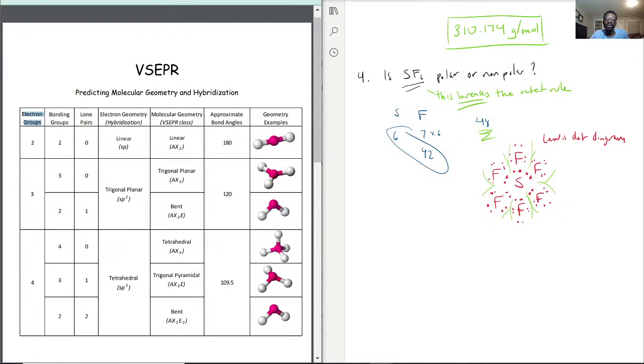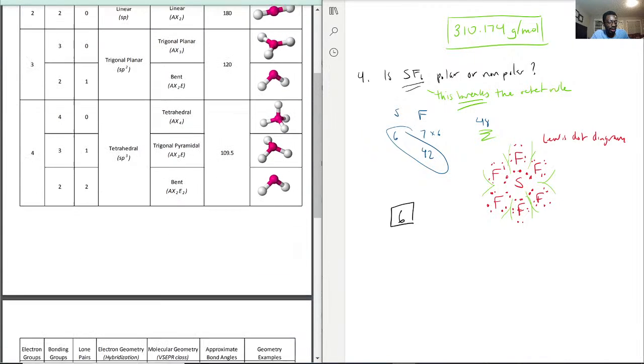That is the number of pairs you have, whether they're lone pairs or in a bond. So sulfur, its electron group is 6. And most things like to have an electron group of 4, because that's the octet rule: 4 pairs, 8 electrons. But sulfur is like, I don't really care about that. So that's how we got there.